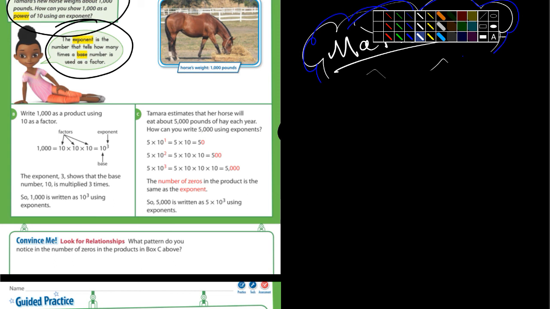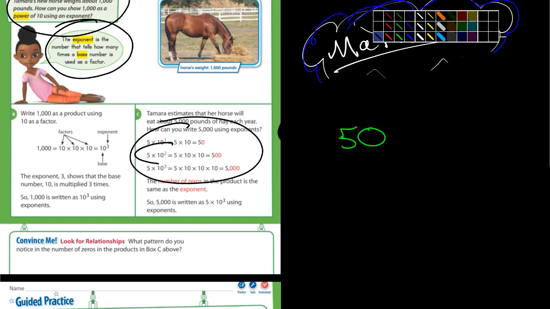Look at the example in your book right there. You see where it says 5 times 10 to the first? Notice all they did is put down the 5 and add 1 zero. And then they have 5 times 10 squared and 5 times 10 cubed. Notice how they're just matching it.